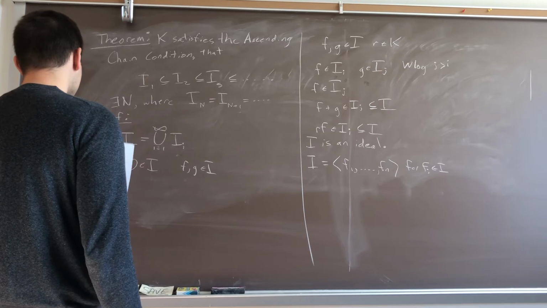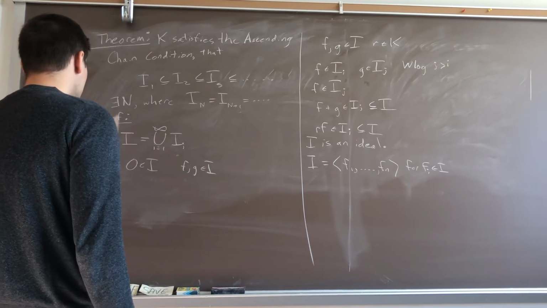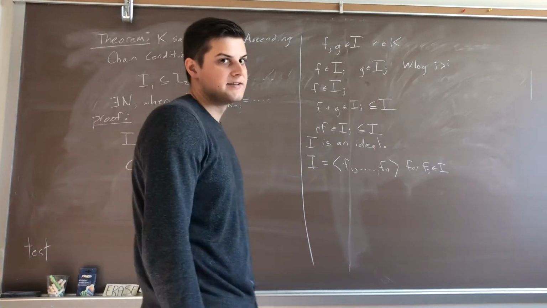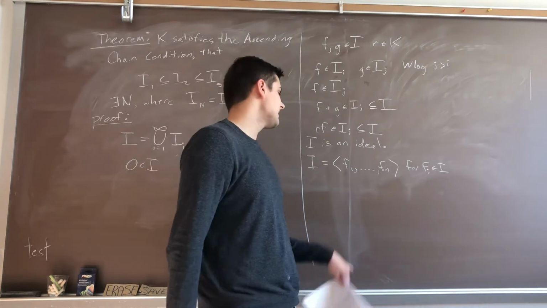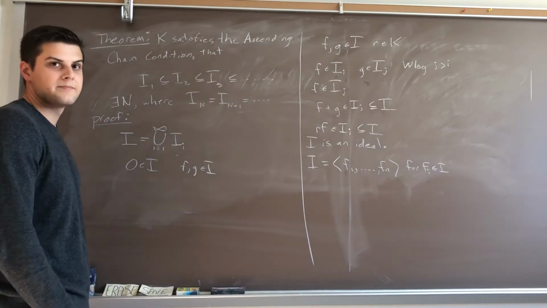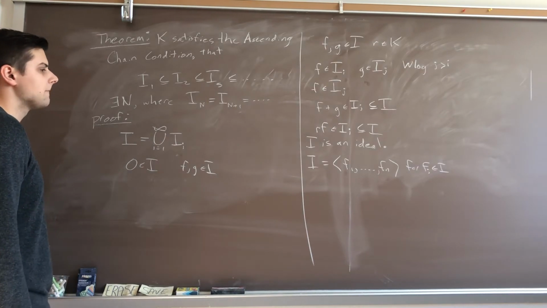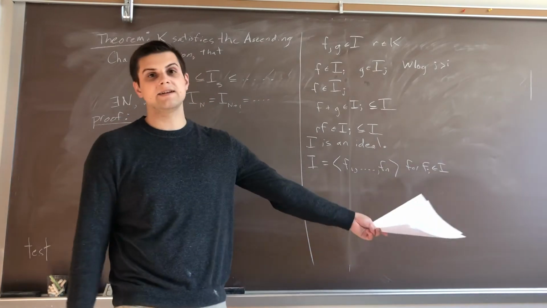Now what we can do is look at each of these particular f sub i, and each of these has to be contained in one of the things in our union. Since it's only a finite number of things, we can take the biggest ideal.